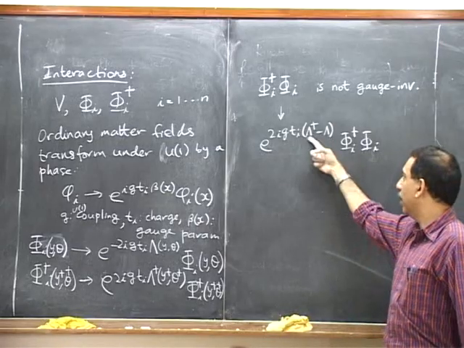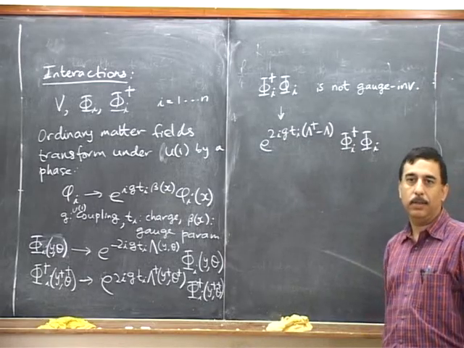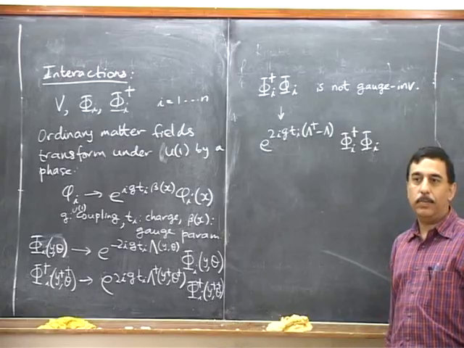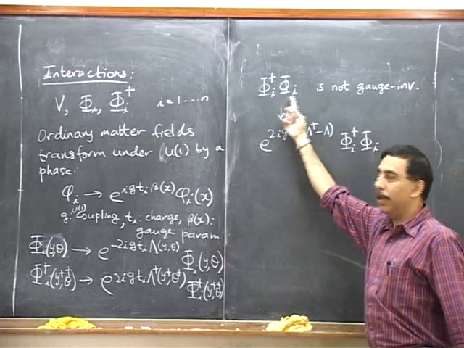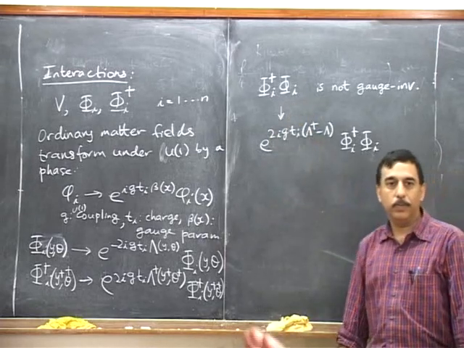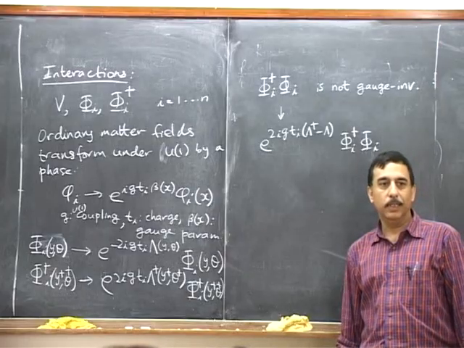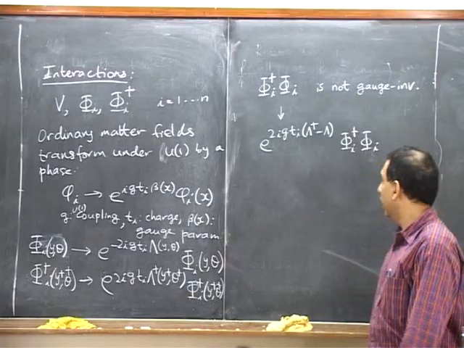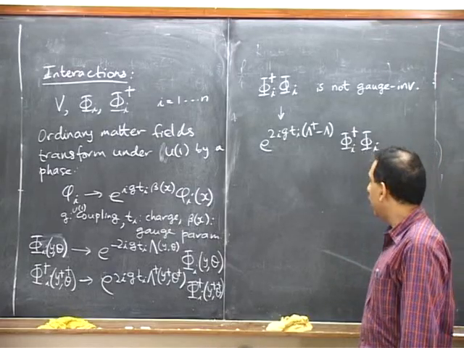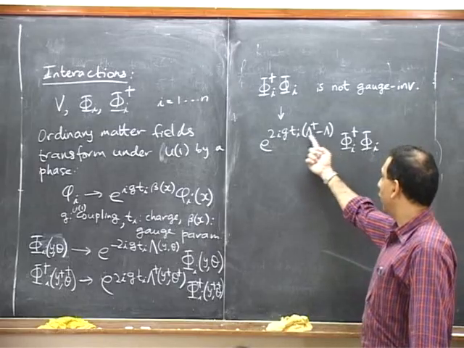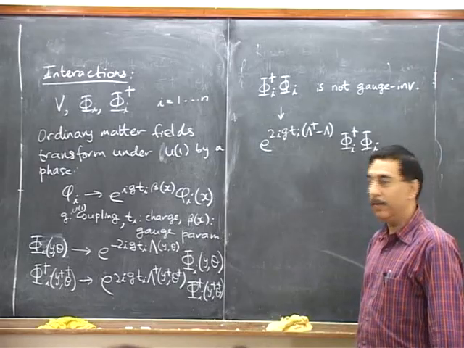This thing is not going to be 1 unless lambda dagger is equal to lambda, but that's impossible because lambda is a chiral superfield. And we should be happy about this because it would be very weird if the kinetic term of this chiral superfield were gauge invariant without putting in the gauge field. It can't reduce to ordinary field theory as we know it. So the gauge field better do something, but there are not very many things it can do. Since V shifts by the piece proportional to lambda minus lambda dagger, we are obliged to put an exponential coupling to V.